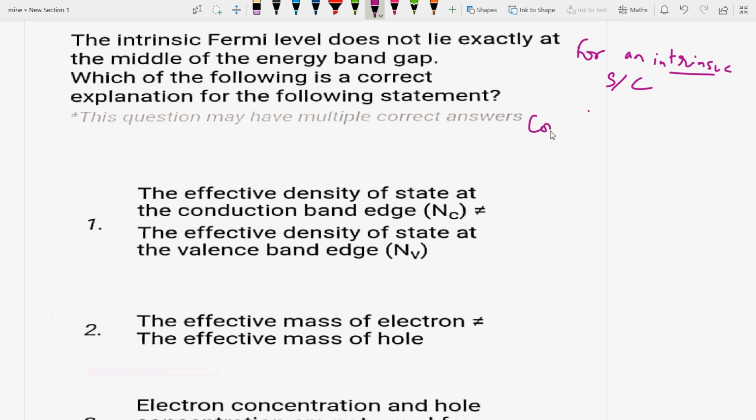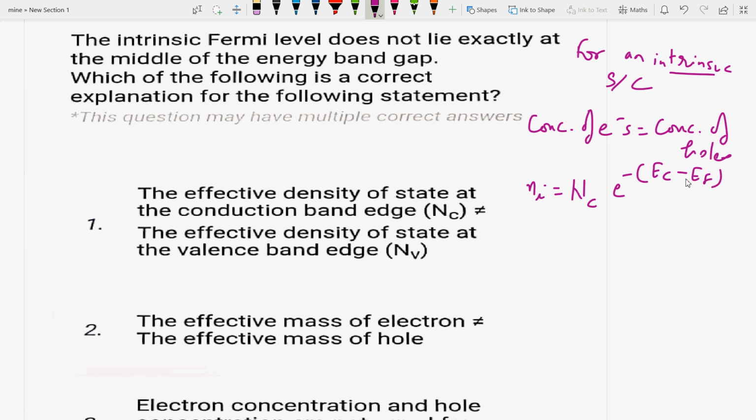right? So concentration of electrons is equal to concentration of holes, right? So Ni, this is intrinsic carrier concentration, this is equal to Nc e to the power minus (Ec minus Ef) upon KT, okay. Now this is hole, Pi, this is equal to NV e to the power minus (Ef minus Ev) by KT.